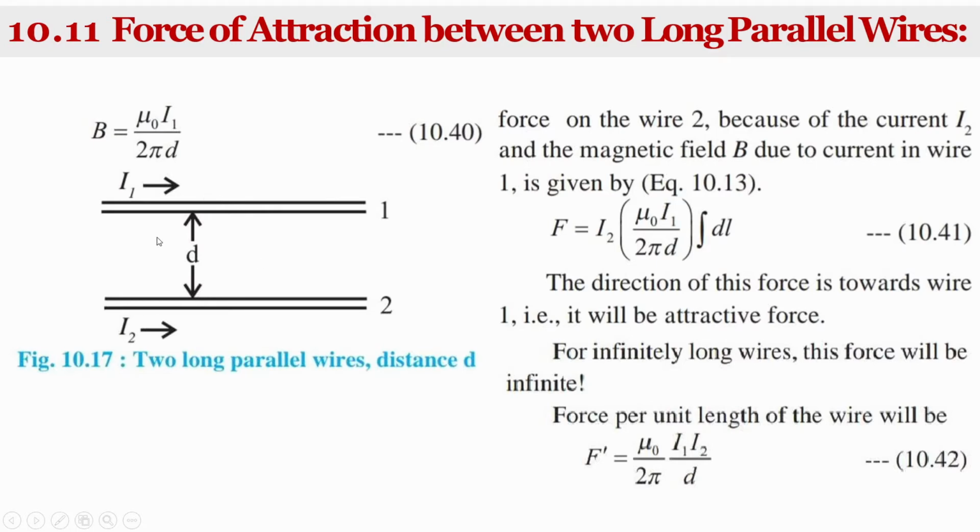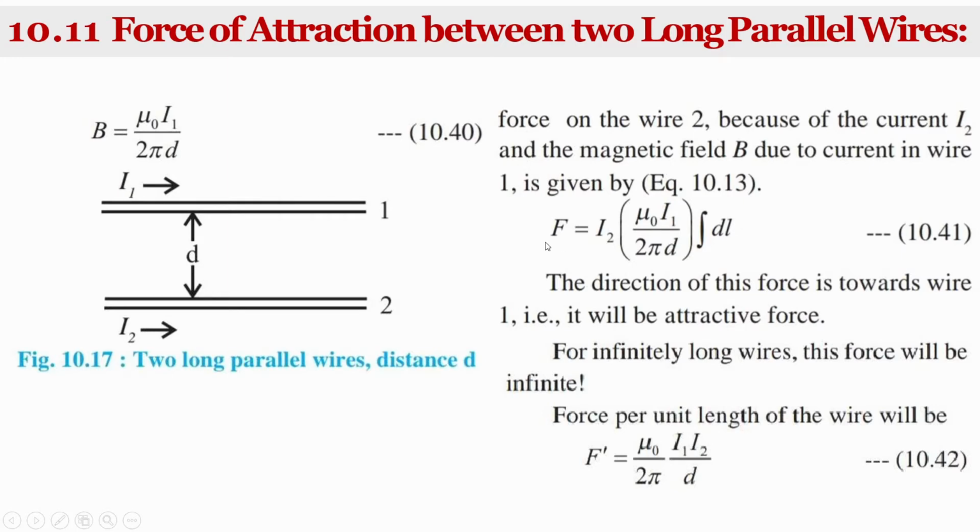Then we apply the Lorentz force law. According to the Lorentz force law, the force acting on the second wire because of the current I2 flowing in the second wire and the magnetic field B acting on it, what is the formula for the force?